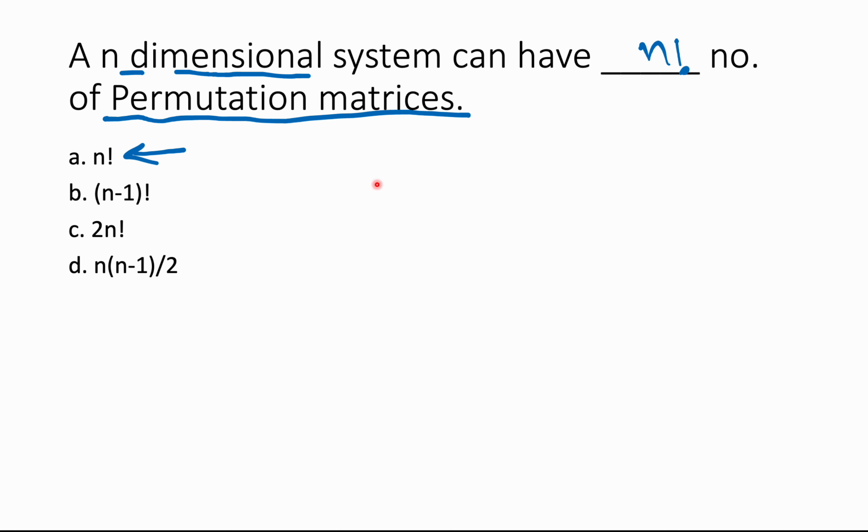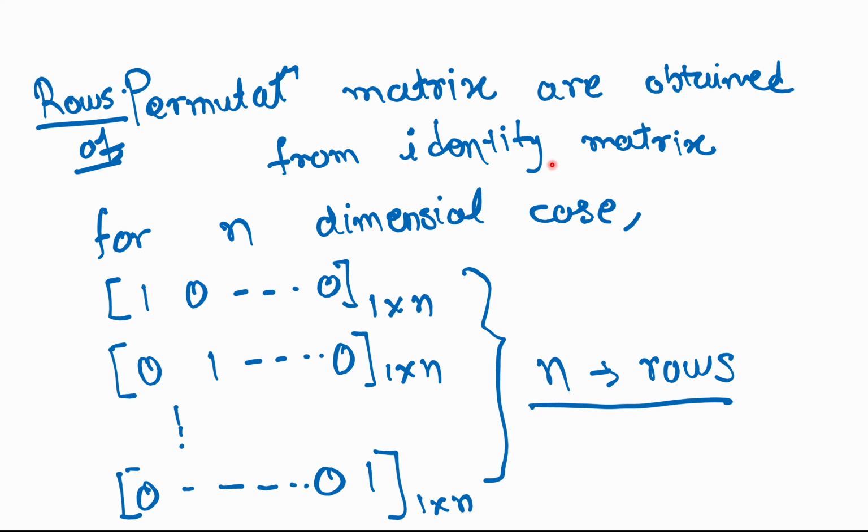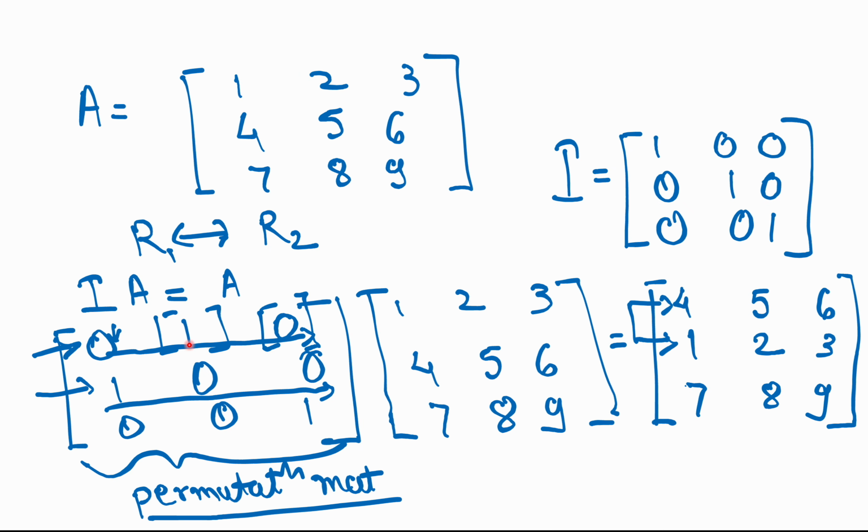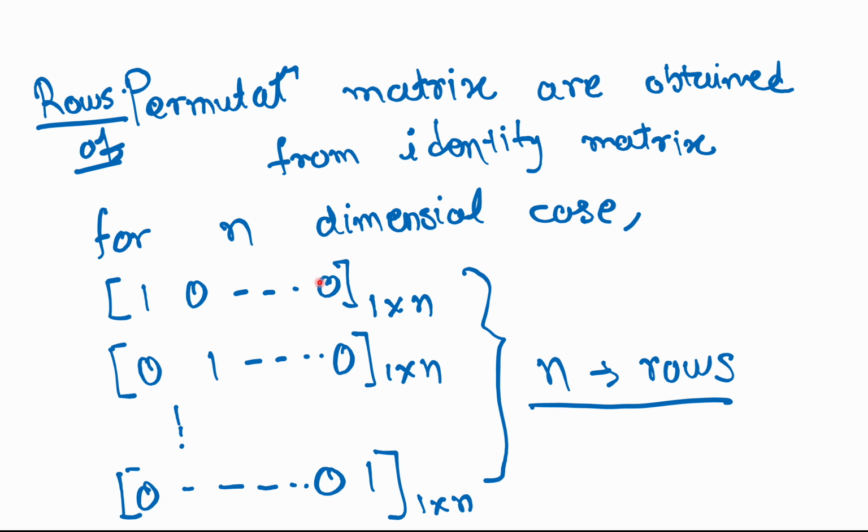Okay, and the last question was, for an n dimensional system, how many permutation matrices are possible. We saw that a permutation matrix will have rows which are similar to the identity matrix but in permuted form. So for the identity matrix there will be n possible rows for the n dimensional case.